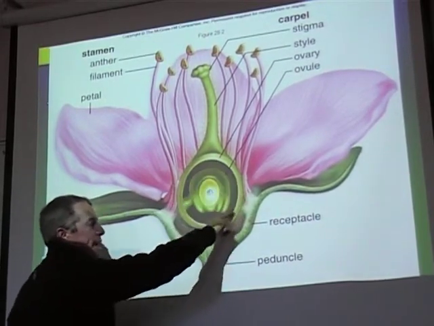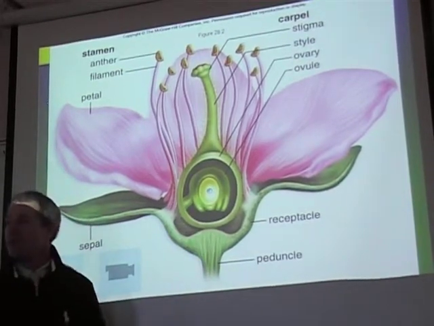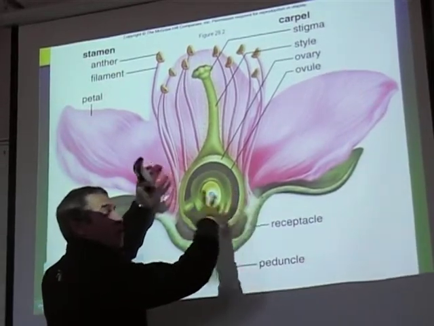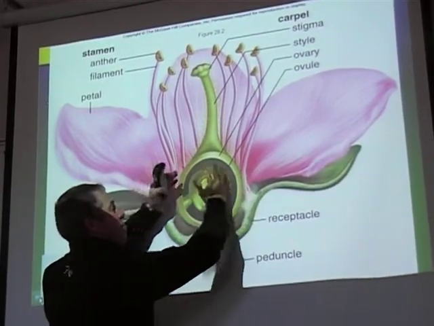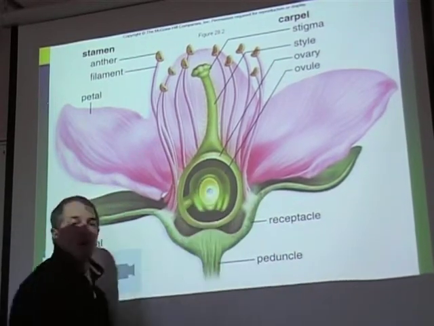And the ovary develops into what we call a fruit. It swells up, often fills with sugars and water, and becomes big and thick. And so you have a fruit with seeds in the middle.